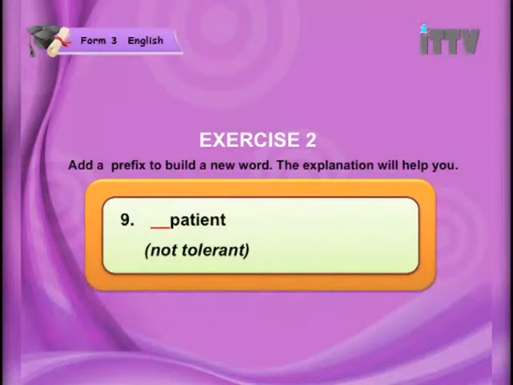Patient. Not tolerant. Answer, impatient. No patience at all. Next, honest, not being truthful. So what's a prefix? Answer: dishonest, not truthful at all.